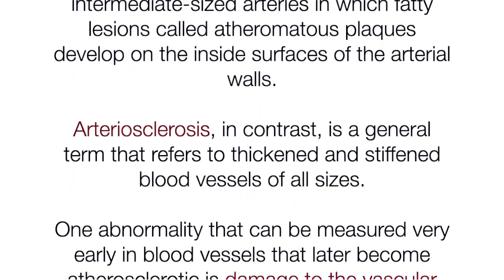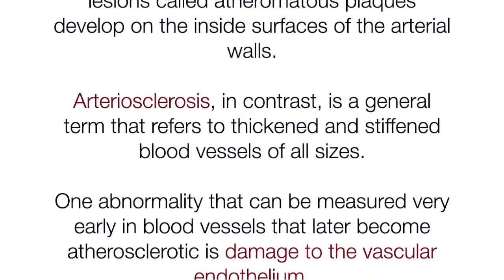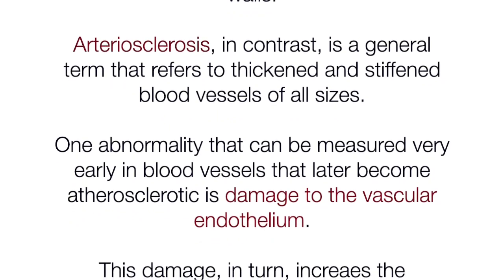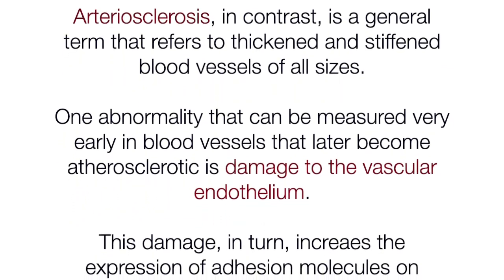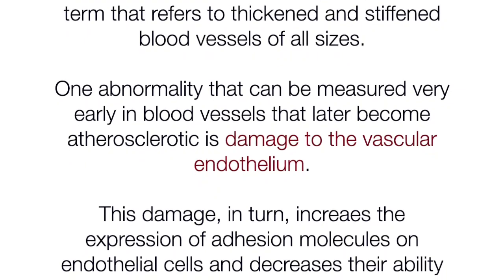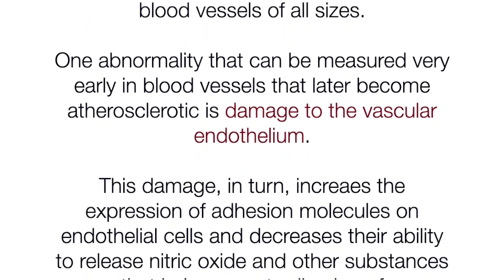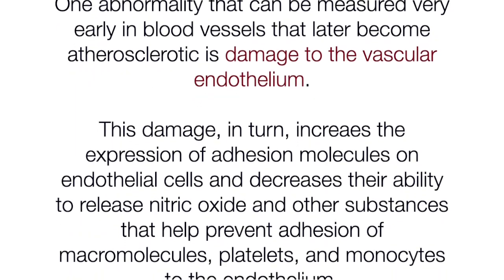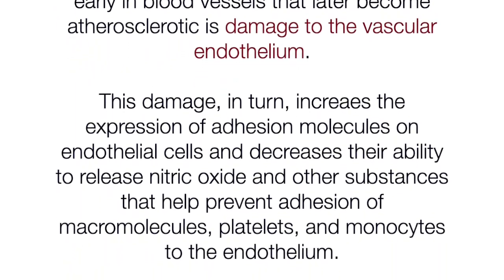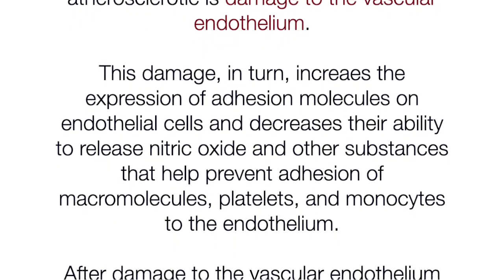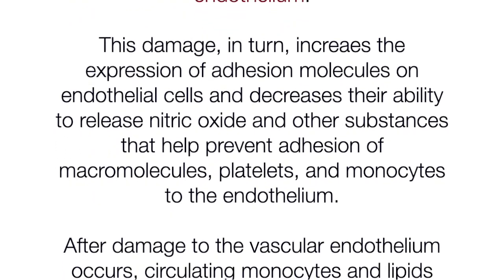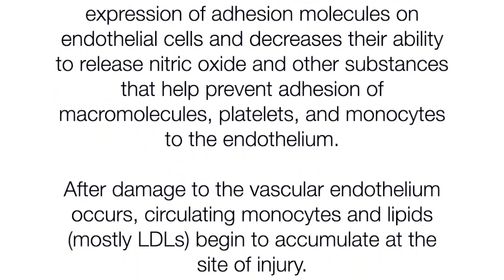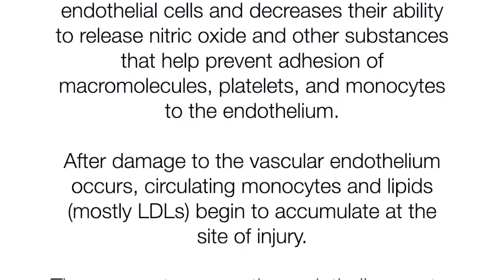One abnormality that can be measured very early in blood vessels that later become atherosclerotic is damage to the vascular endothelium. This damage, in turn, increases the expression of adhesion molecules on endothelial cells and decreases their ability to release nitric oxide and other substances that help prevent adhesion of macromolecules, platelets, and monocytes to the endothelium.